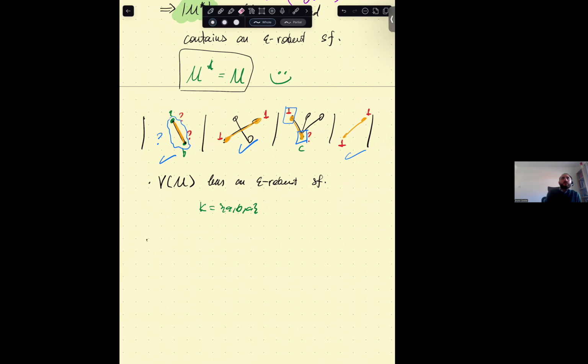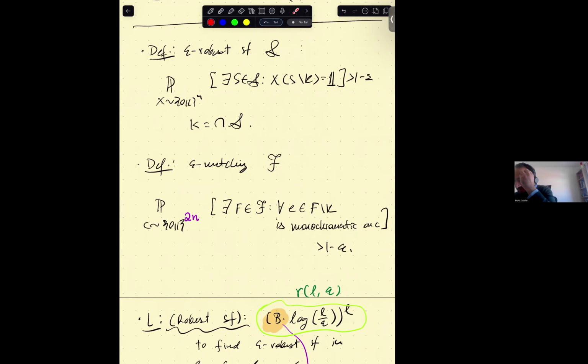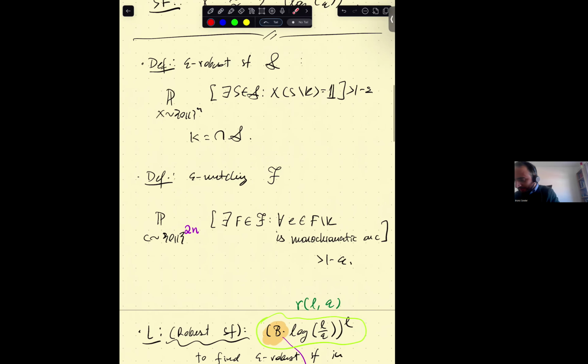So this blocky thing is to somehow say basically that if I can get a much larger robust sunflower in terms of vertices, then my edges are also going to be okay in the end. Yeah. This is the crucial, difficult part, I guess, because I have to switch from vertices to edges.